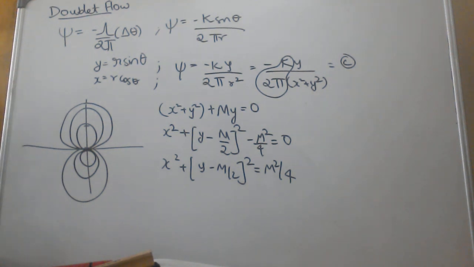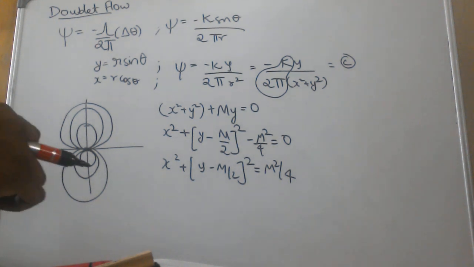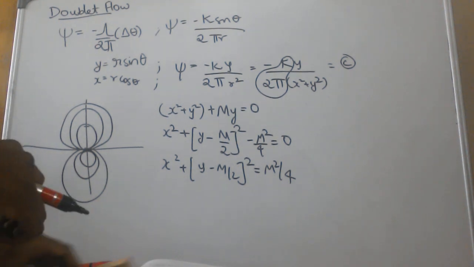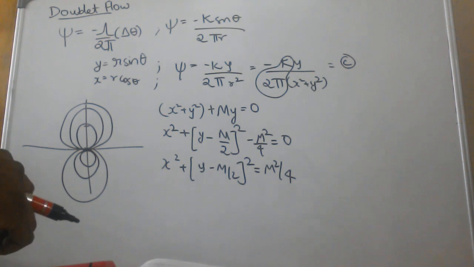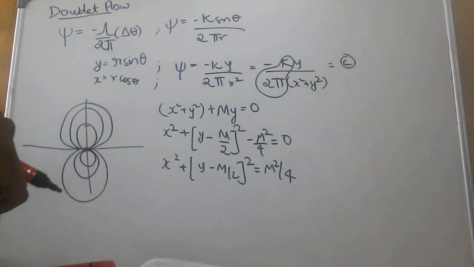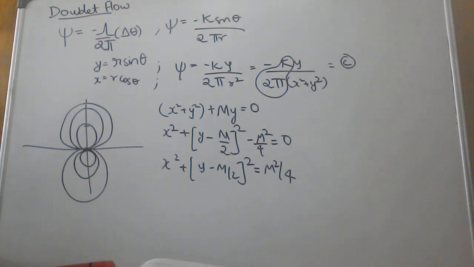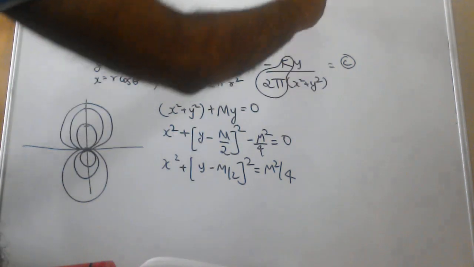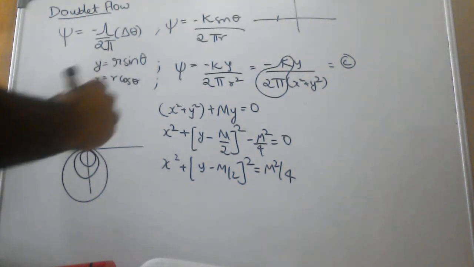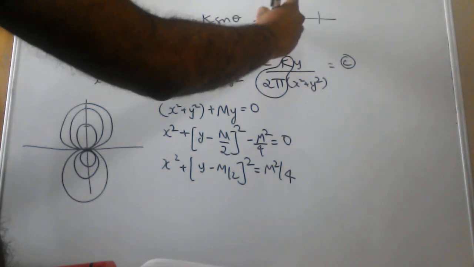So this is how the streamlines of a doublet flow look. Another thing is the doublet flow is typically associated with a sign, and the sign points from the sink to the source. So as you remember, when we started the derivation, we had a source to the left and a sink to the right.